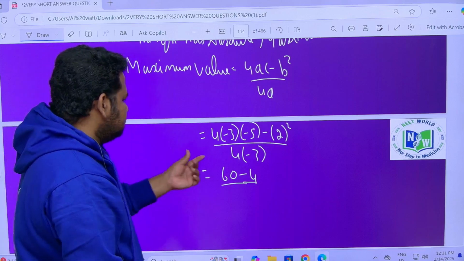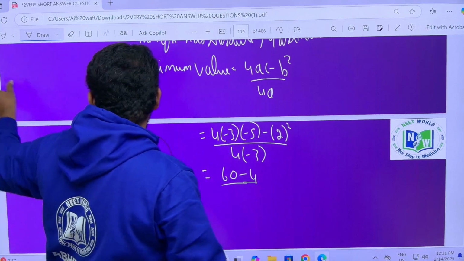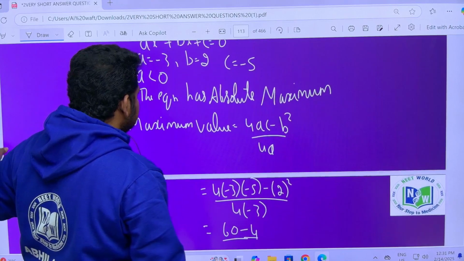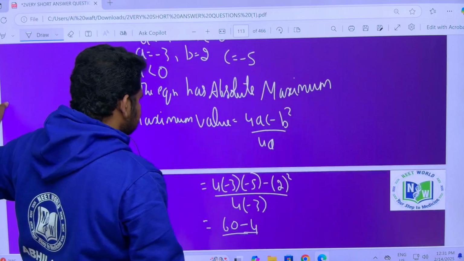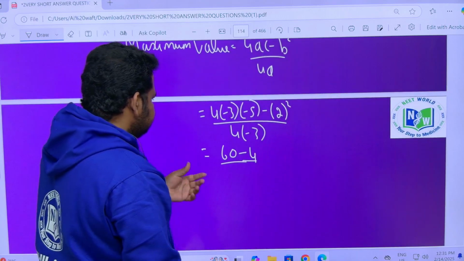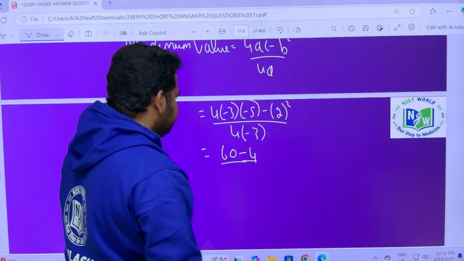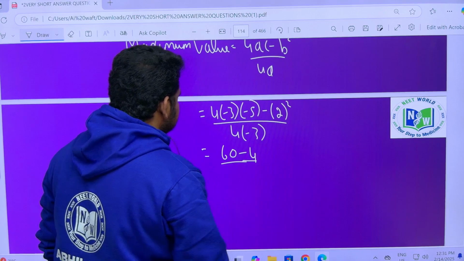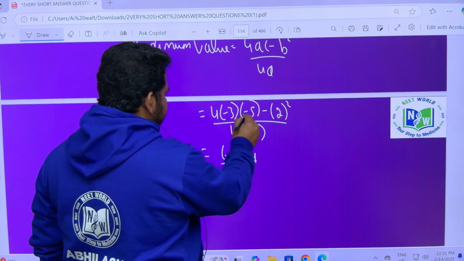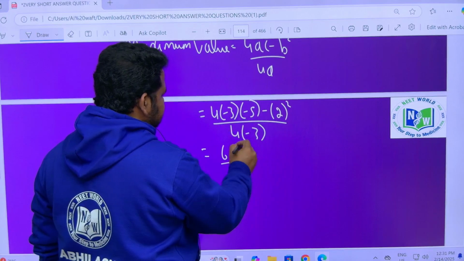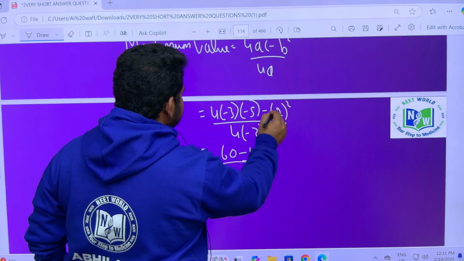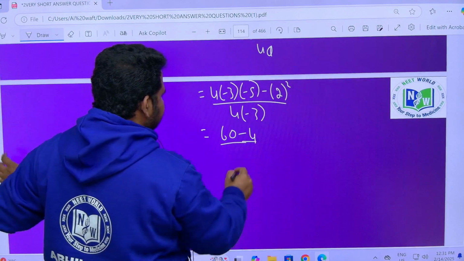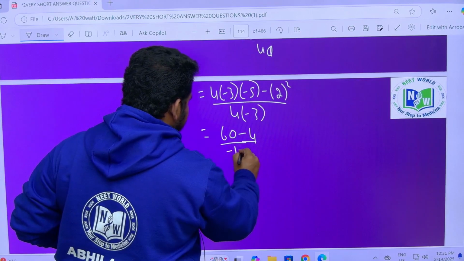Okay, so let us check again. b square, b is 2 and c is minus 5, divided by 4a. 4ac minus b square by 4a. Okay. So 3 5s are 15, 15 4s are 60 minus b square which is 4. 4 3s are minus 12.